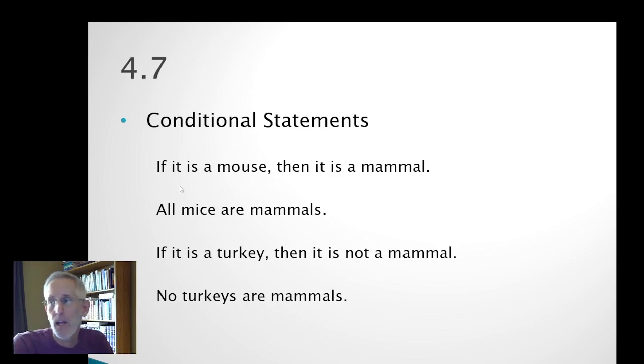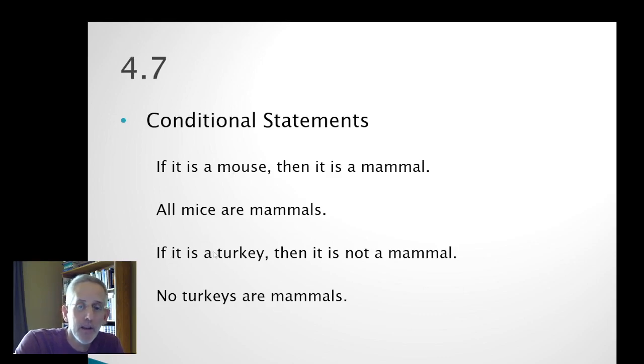Conditionals are always claims about every member of a given class. If we're saying if it's a mouse, then it's a mammal, we're saying everything that's a mouse must be a mammal. So you're making a claim about every member of the mouse class. Not a claim about every member of the mammal class, but certainly a claim about every member of the mouse class. So all mice are mammals would be the accurate translation of if it's a mouse, then it's a mammal.